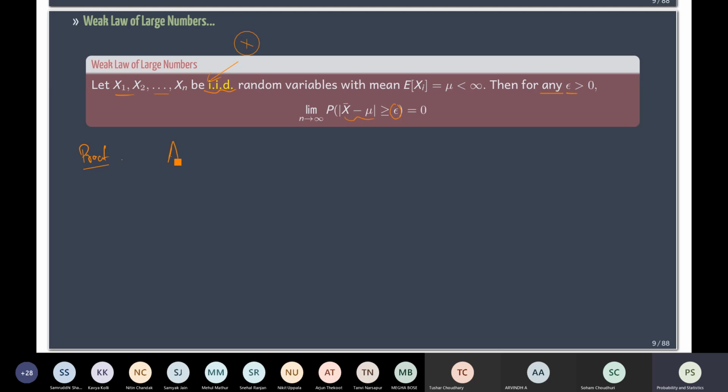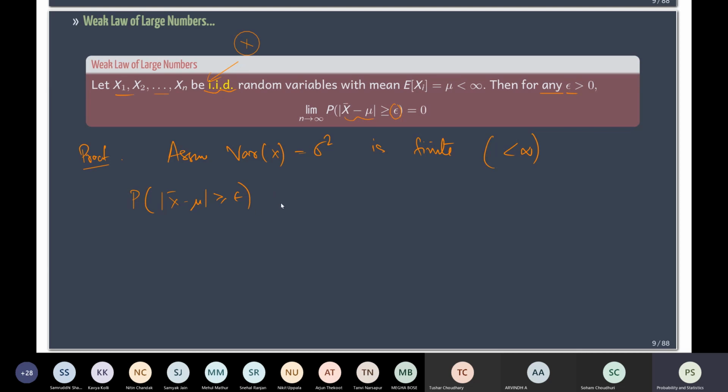So assume that the variance of the underlying distribution X, sigma square, is finite. Sometimes finite is written as less than infinity. Then what do we have? The probability that |X bar minus mu| is greater than or equal to epsilon.